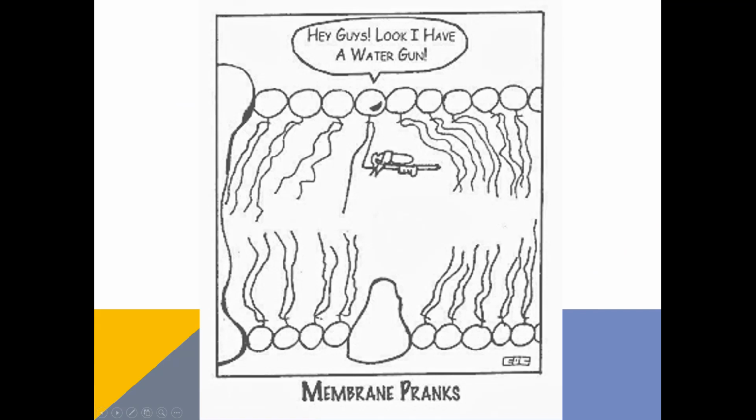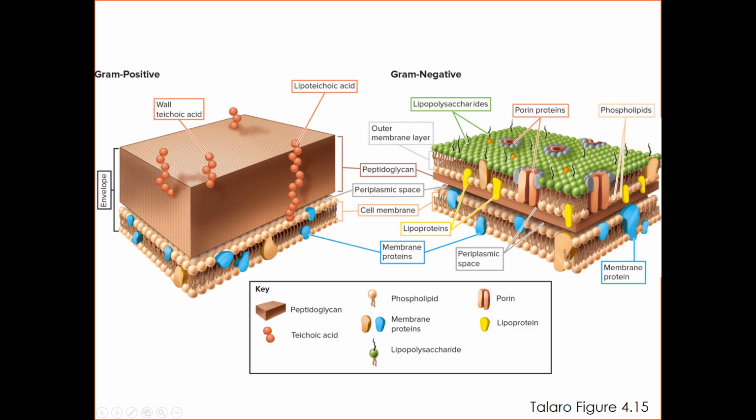Phospholipids have a hydrophilic head and a hydrophobic side chain, and that means that only water and uncharged molecules are going to make their way through that without regulation. And so that outer membrane of a gram-negative cell is selectively permeable.